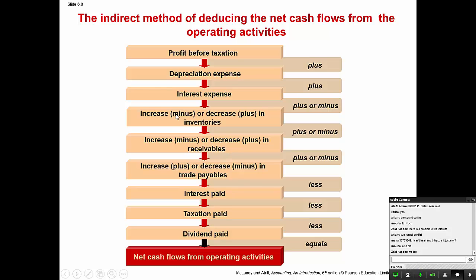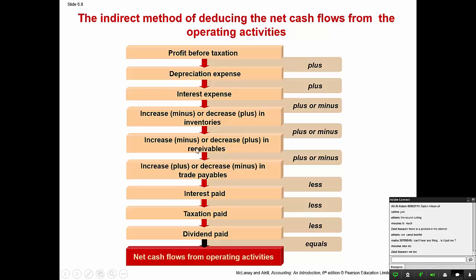Let me complete this one, and then after that we will have a small example of this indirect method. This is regarding the inventory. If the inventory increases, then we need to deduct it. We need to make it minus from this amount. If the inventory decreases, then we need to add it, or plus it, to the amount.